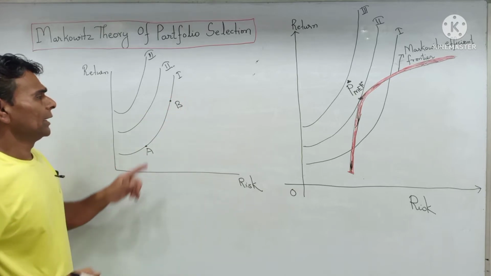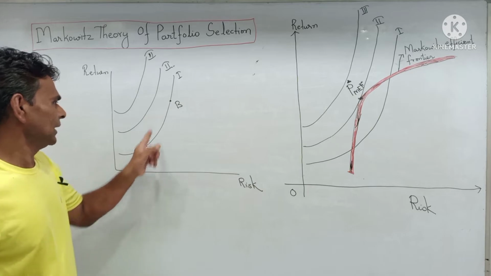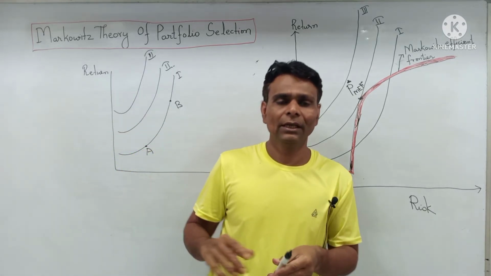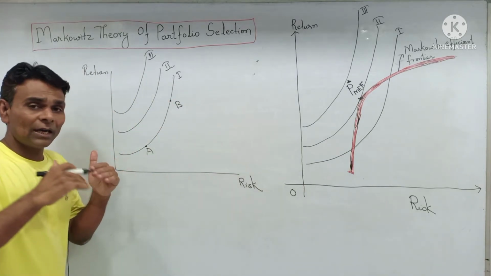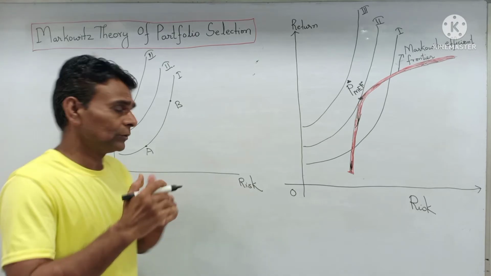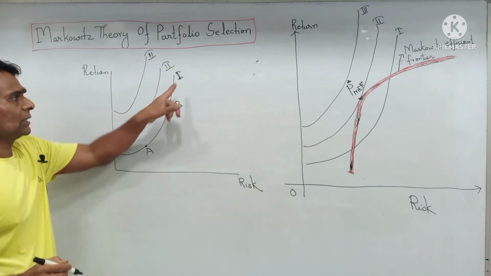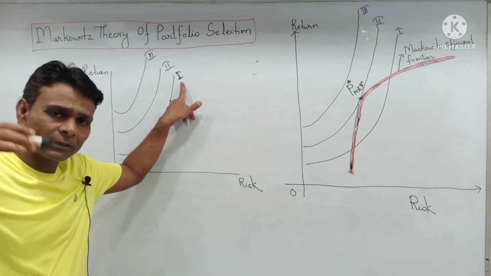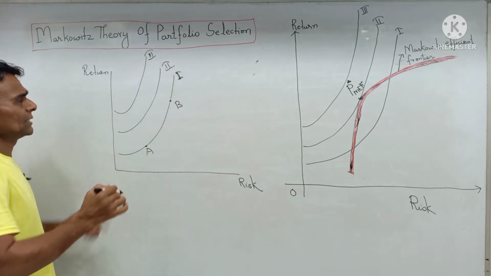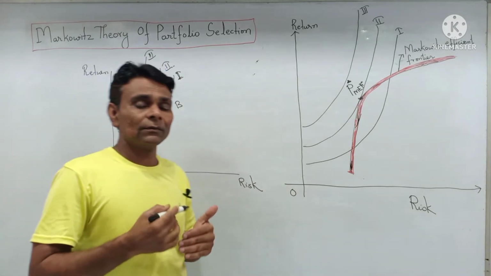There are 2 points on the risk return indifference curve, A and B, both representing the same level of utility. A higher indifference curve represents a higher level of utility. Risk return indifference curve 1 represents lower utility compared to indifference curve 2.